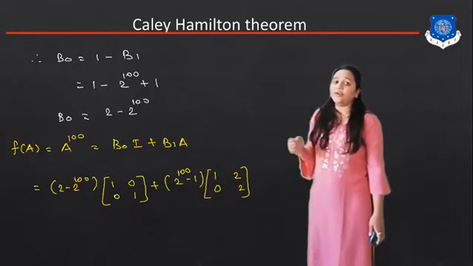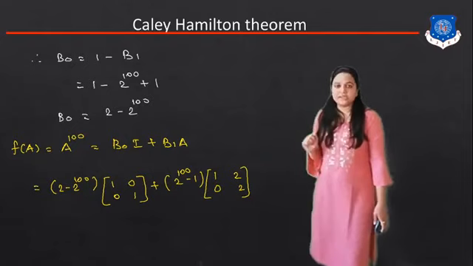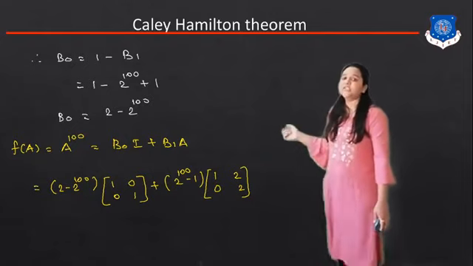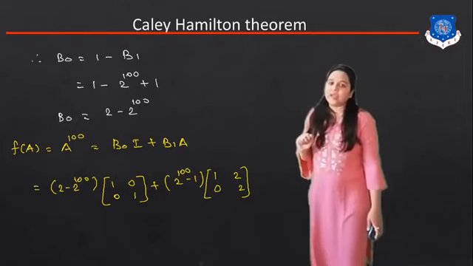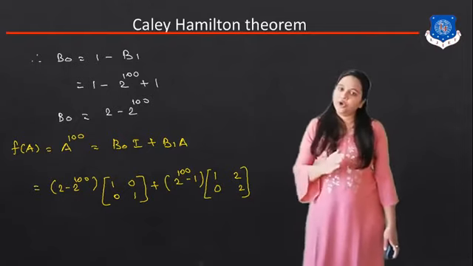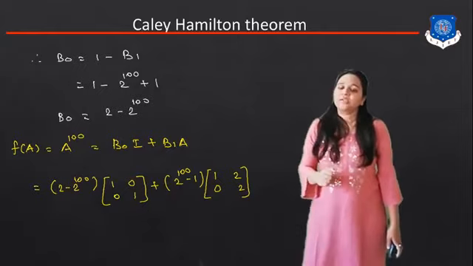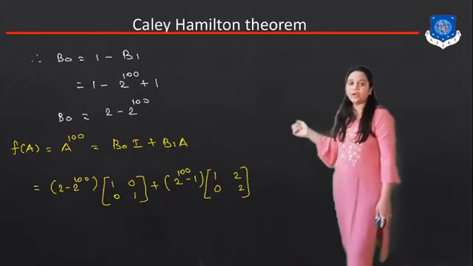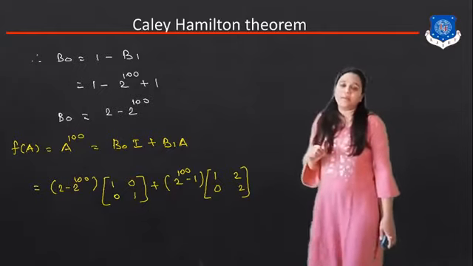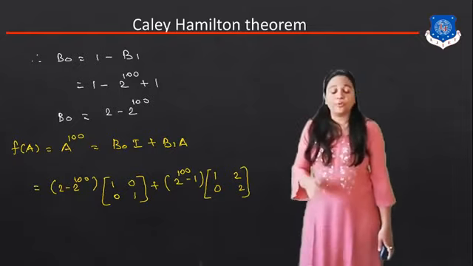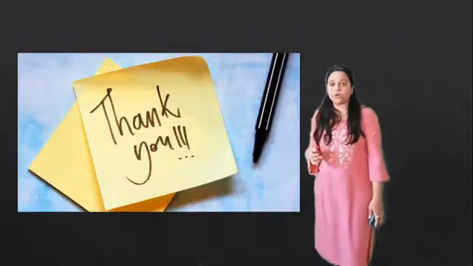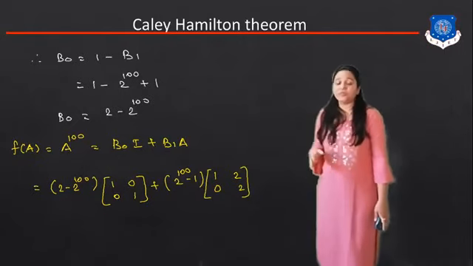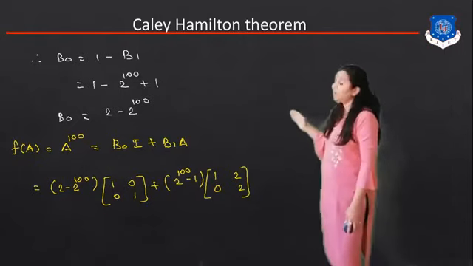So put the value of b0 and b1 in this equation: b0 is equal to 2 minus 2 raised to 100, and the I matrix is 1 0 0 1, plus b1 is equal to 2 raised to 100 minus 1, and our A matrix is 1 2 0 2. In this example, they will give the value of the A matrix. So simplify this equation, and we can find the value of A raised to 100.